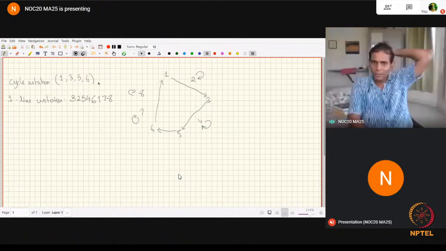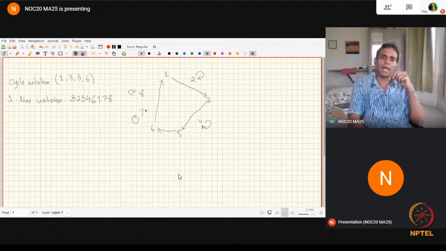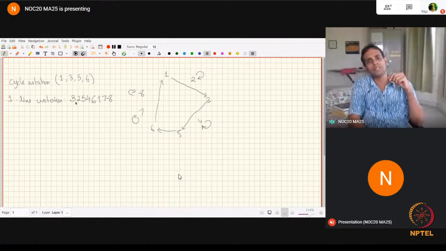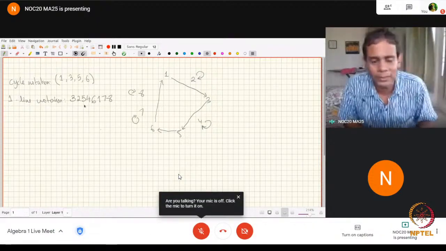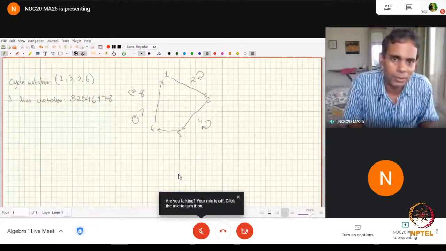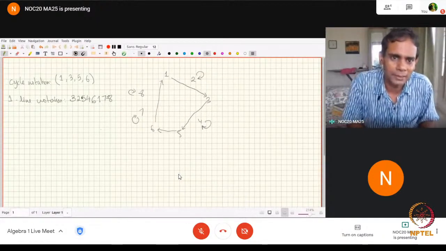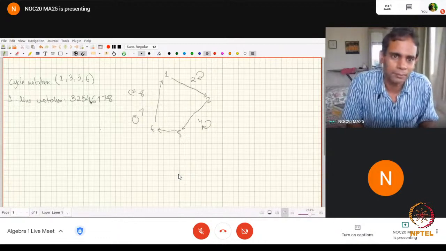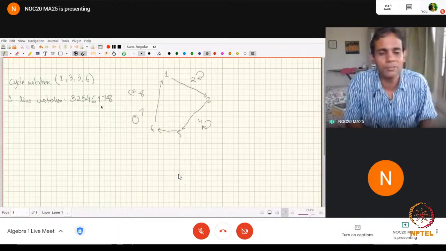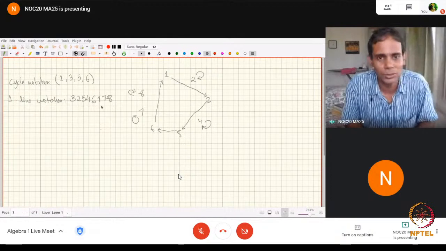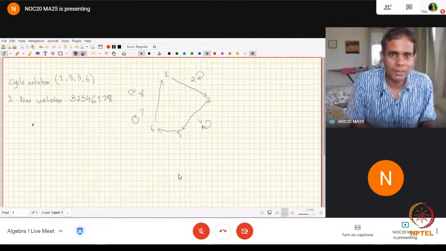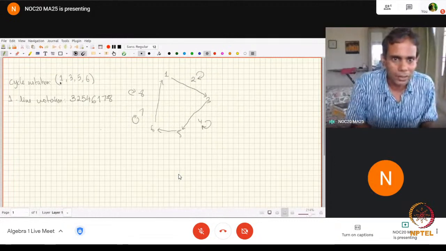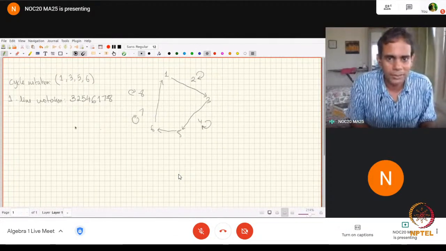In cycle notation, it's much easier to see what is happening with this permutation. The one-line notation doesn't show that so obviously. But we've been using one-line notation for most of our calculations because there are some features you can see from the one-line notation and some features you can see from the cycle notation.